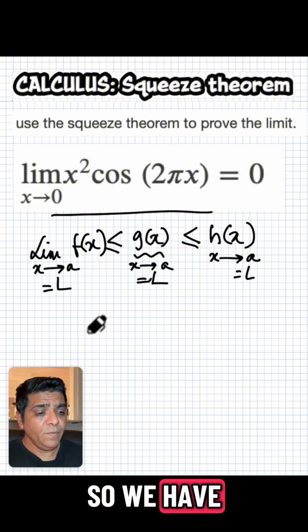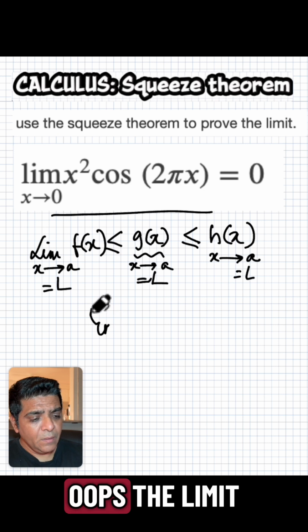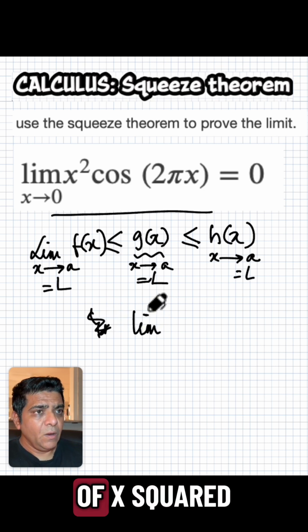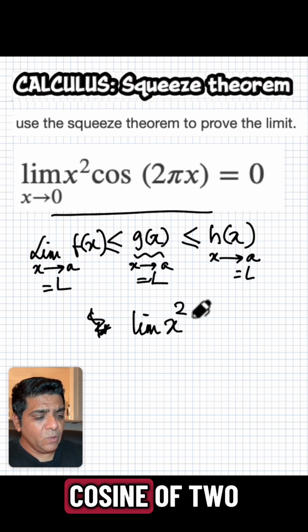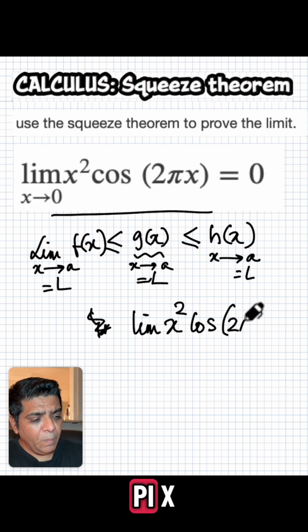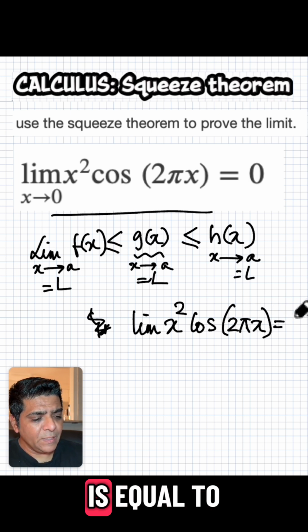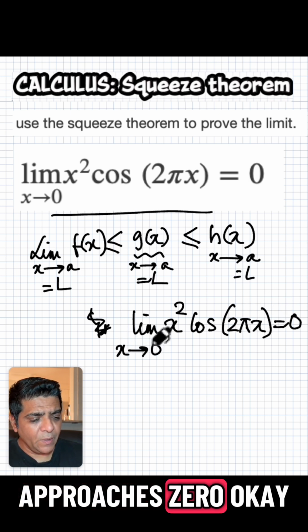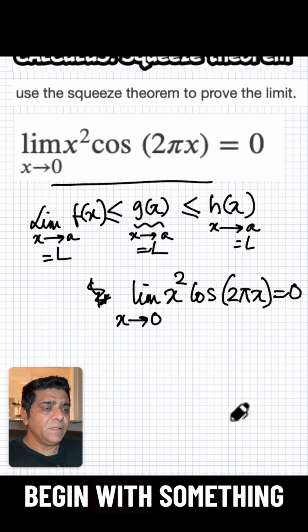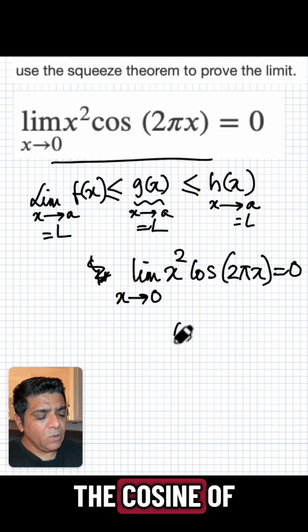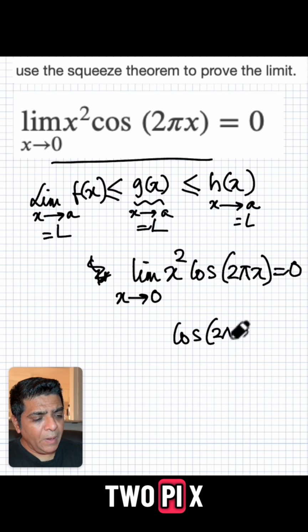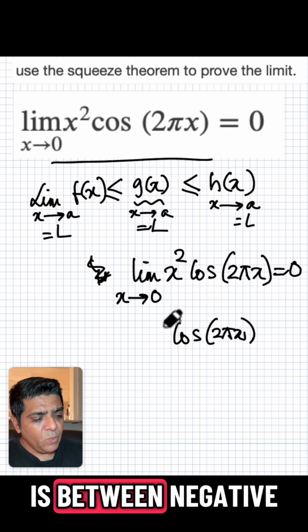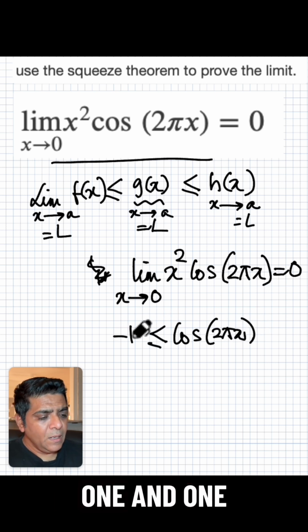So we have the limit of x squared cosine of 2 pi x, and we have to show this is equal to 0 as x approaches 0. Let's begin with something we know. We know that the cosine of 2 pi x is between -1 and 1.